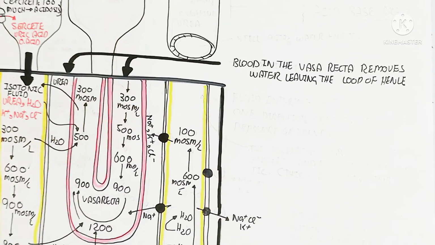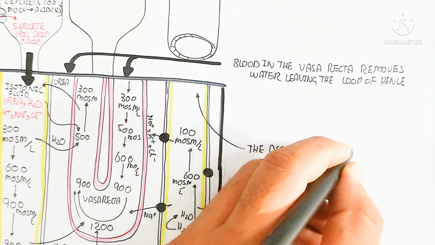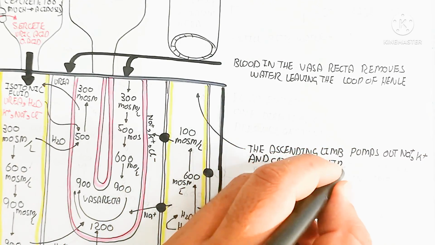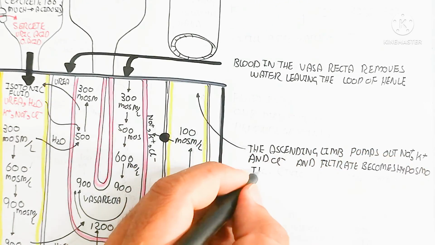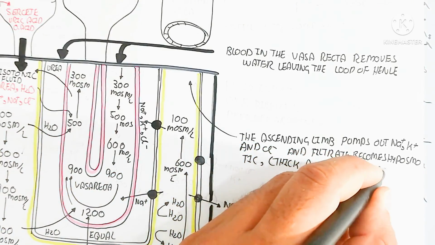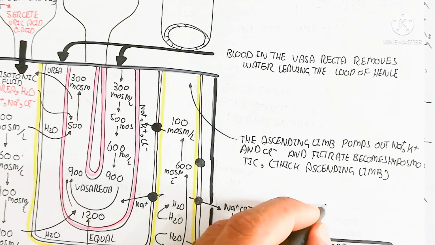And again this 900, and remember that in this way the ascending loop of Henle is the thick loop of Henle, which handles potassium and sodium, and the filtrate becomes hyposmotic in the thick ascending limb.